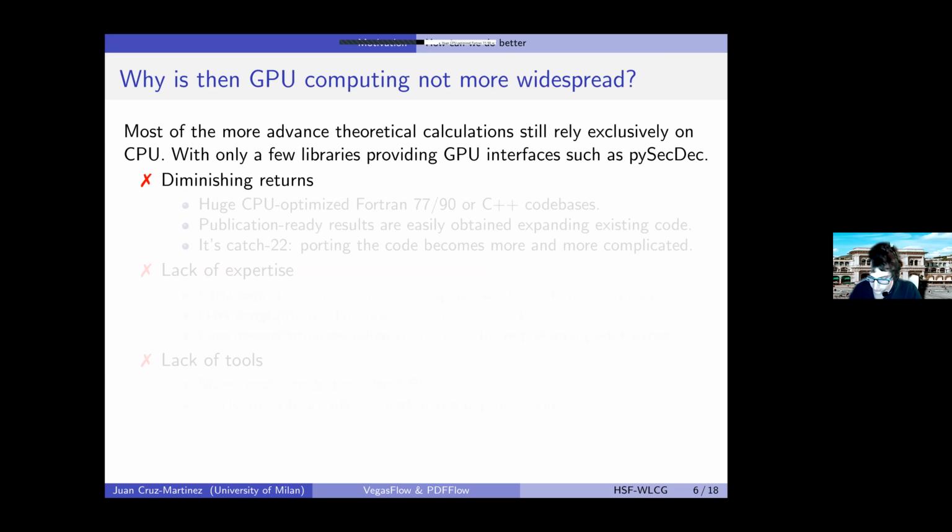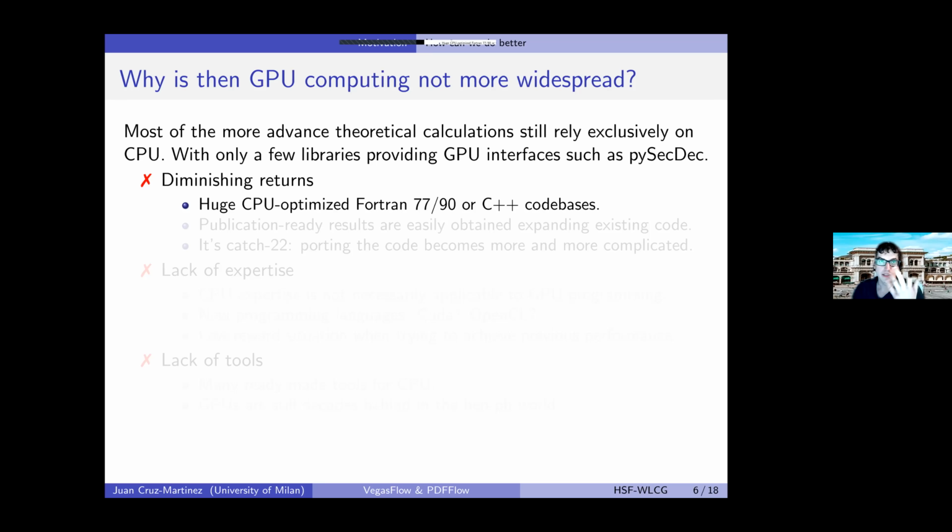So I'm coming from fixed order, higher order calculations, and so this is my point of view, coming from that background. But one of the reasons, and maybe the main reason, is we are in a situation of diminishing returns, right? Because one has this huge Fortran 77 code base. If you are lucky, maybe Fortran 90.